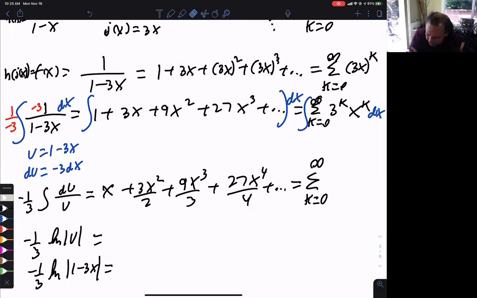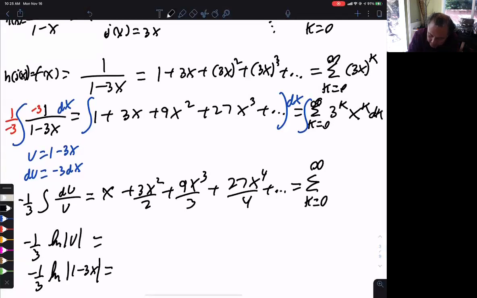My brain is not working right now. I was getting confused. Because term by term, k is a constant, x is your variable, as you go term by term. So if you plug in 1, that'll be 1, that'll be 1. If you plug in 2, that'll be 2, that'll be 2, right? So x is your variable. So you're going to get 3 to the k, x to the k plus 1 over k plus 1.